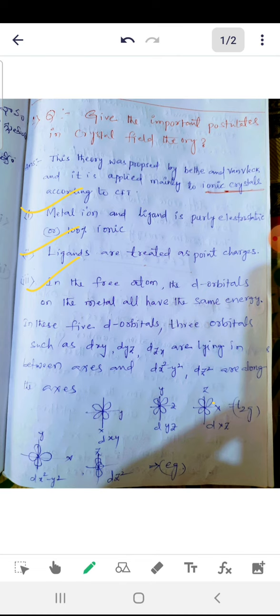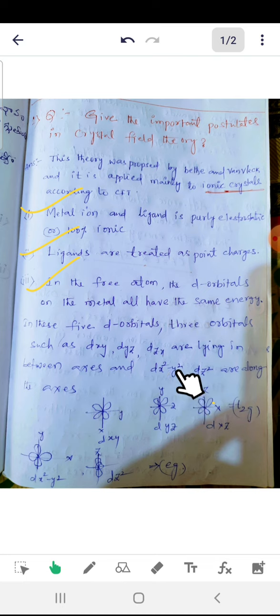But here, among the 5 d orbitals, 3 orbitals, dxy, dyz, and dzx, are the t2g orbitals, the triply degenerate orbitals. These orbitals lie in between the axes.